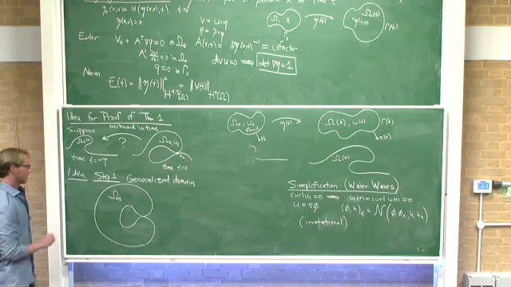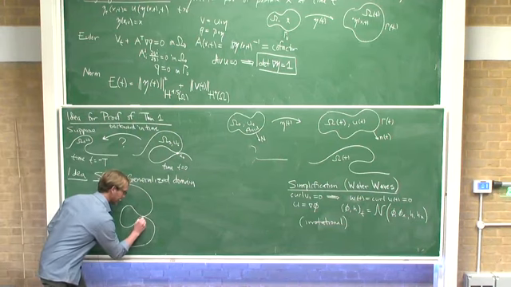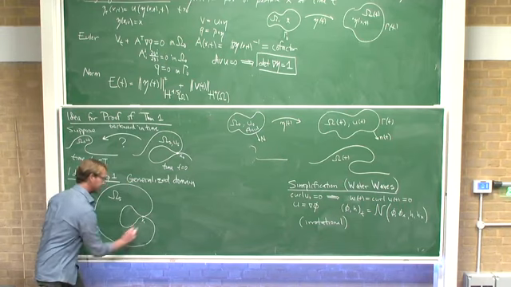Call this omega. So here's a generalized domain. It's intersecting at this point x naught.